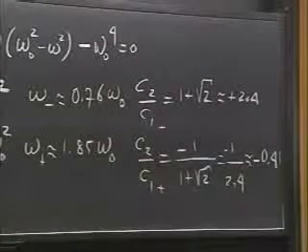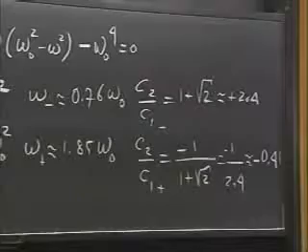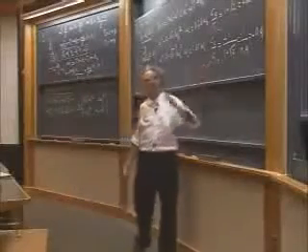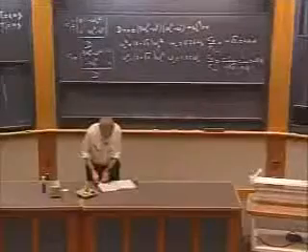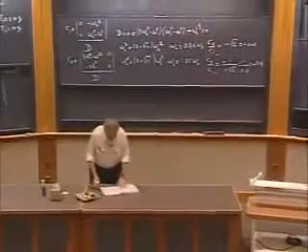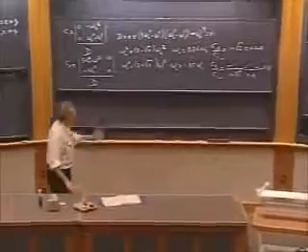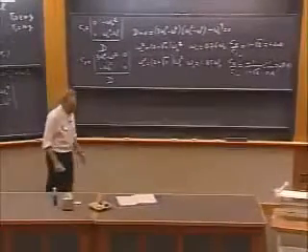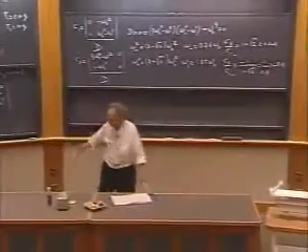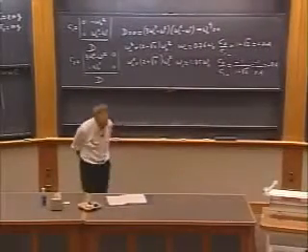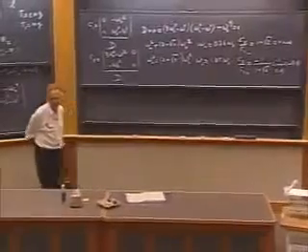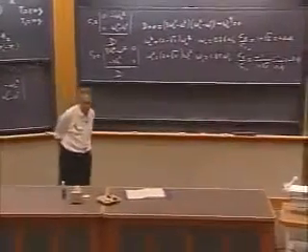And if I gave you the initial conditions, then of course you could calculate C1, and then you know everything because you know the ratio C2 over C1. But without the initial conditions, you cannot do that. Each of these normal mode solutions satisfies both differential equations. Therefore, a linear superposition of the two normal mode solutions is a general solution.